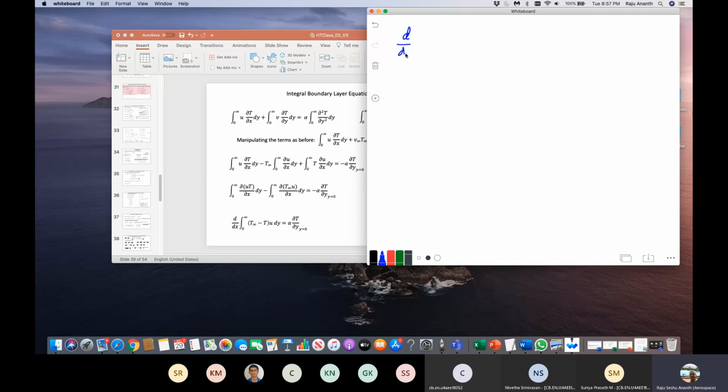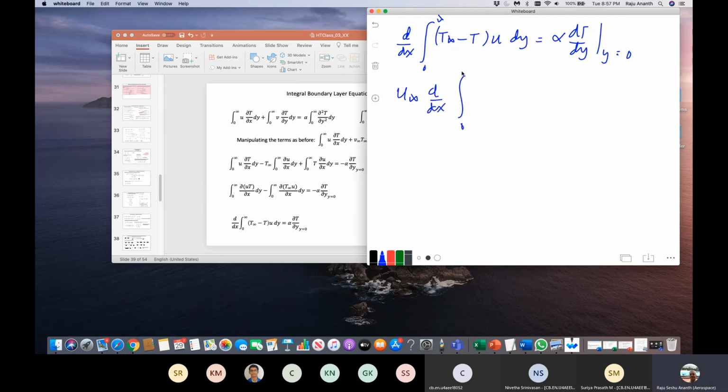I want to use T infinity minus T. I can assume that u is u infinity, in other words, my velocity profile is not changing. So I can bring the u infinity here.